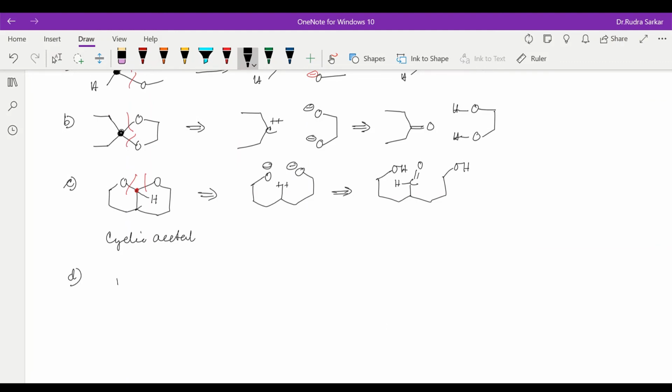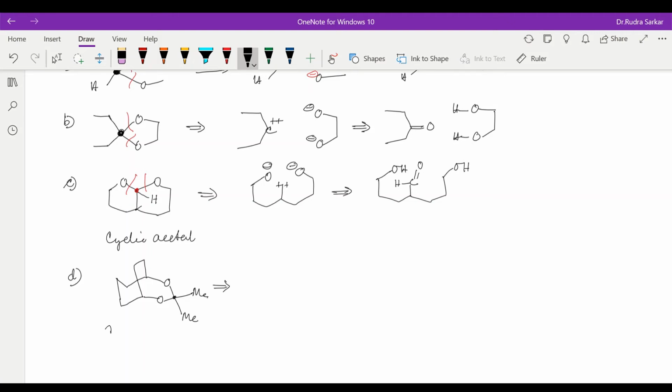let's give another try. Suppose I give you something like this. This is the carbon joined to two oxygens. Okay, now this is joined to one more carbon here, which is your alkyl, another carbon here, which is your alkyl.